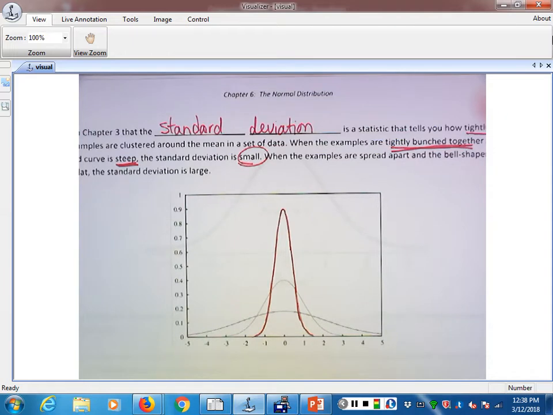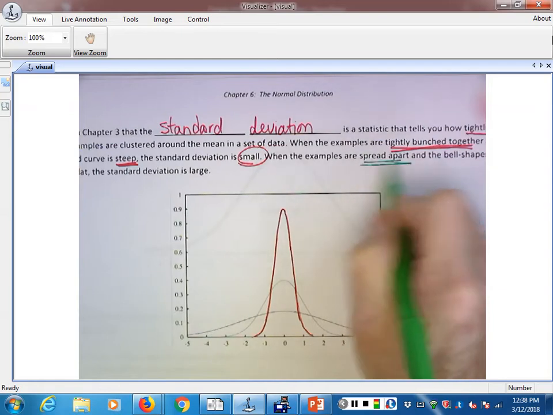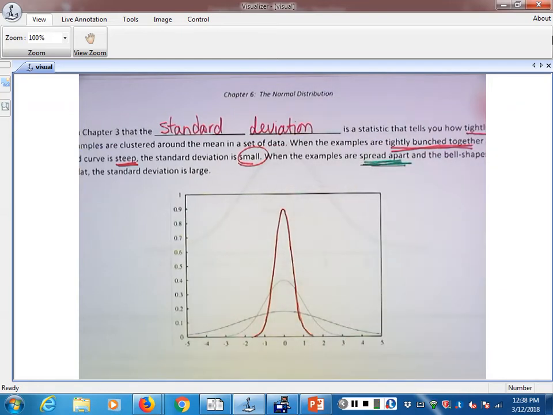When the values are not tightly together, they are spread apart, and the bell-shaped curve is relatively flat, like this one.